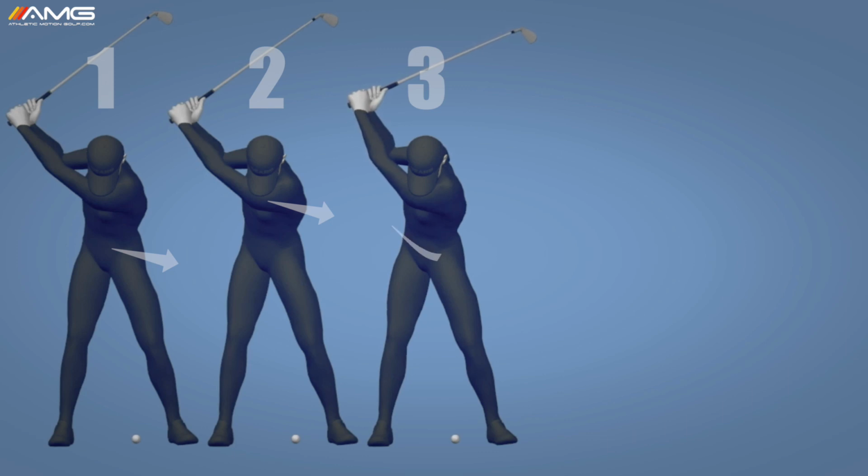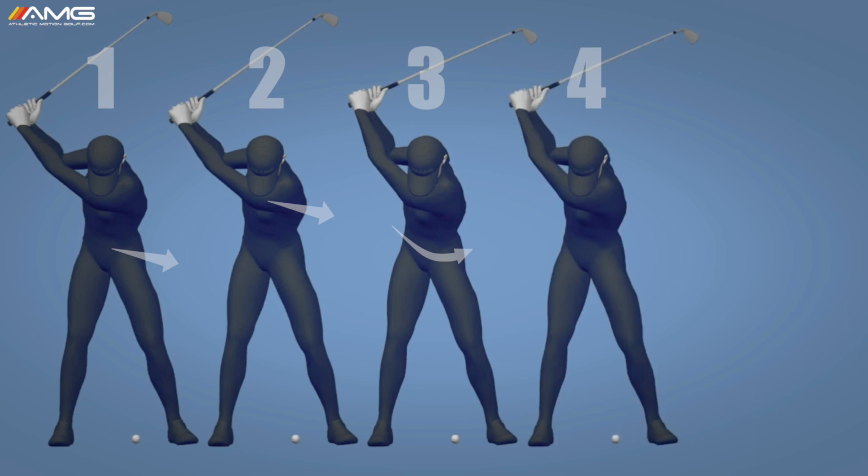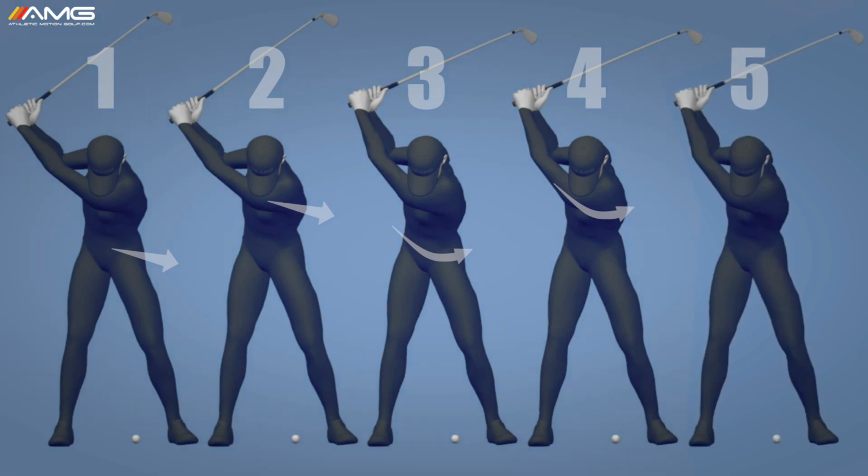Then he gets to this point right here. That's where his pelvis starts to change direction. Now his pelvis is starting the downswing right here. Very shortly after, his upper body changes direction. And then very last is his club head. Right there is the transition sequence.